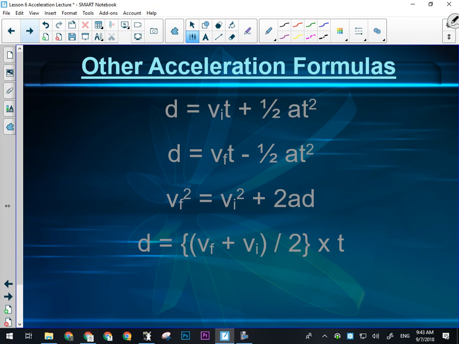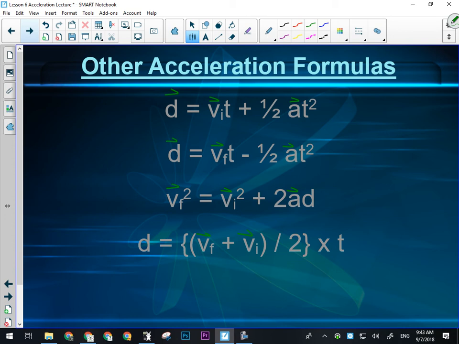Here are the other 4 acceleration formulas that we are going to use in this course. The first one involves displacement. Displacement is part of it, and this should actually have an arrow over top of it. They all should, because they're all vector quantities. They're all on your formula sheet, so you don't have to worry about that.